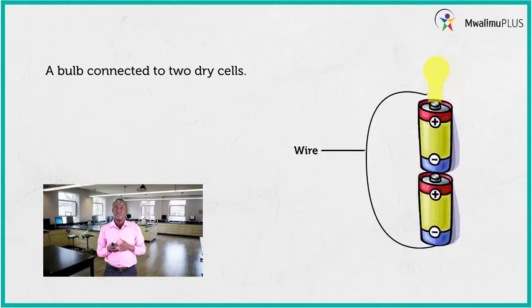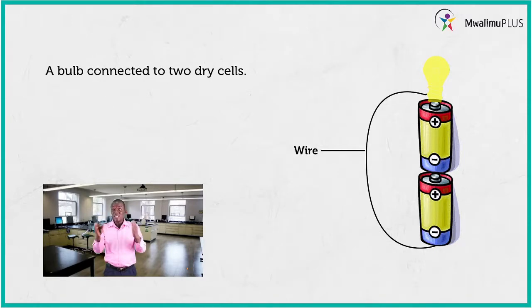We have a bulb connected to two dry cells as opposed to the one that we have just seen. The one that we have just seen was connected to one dry cell. This one is connected to two dry cells. Do you think this bulb will produce light?